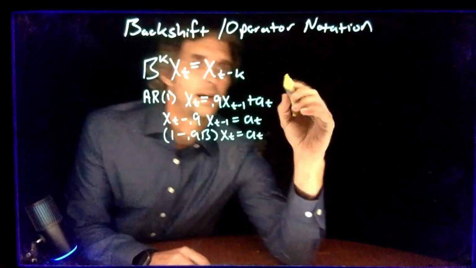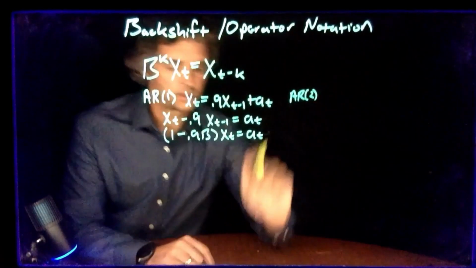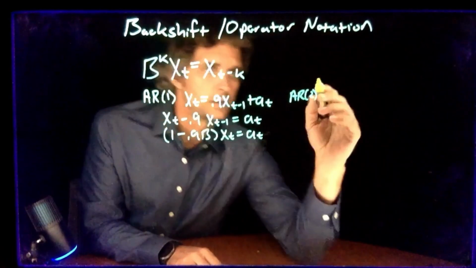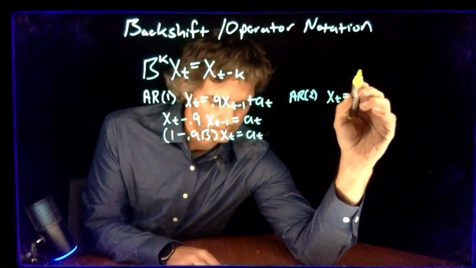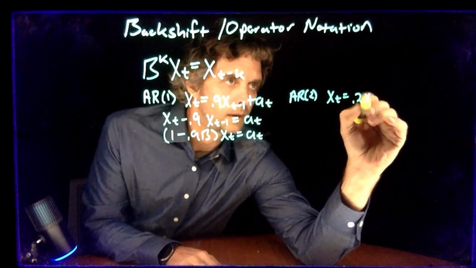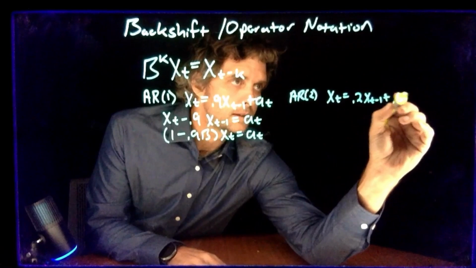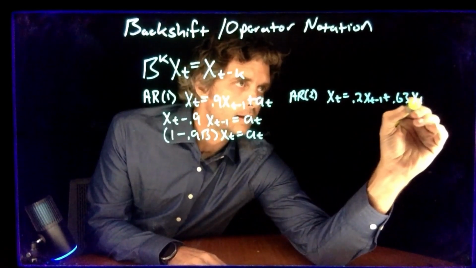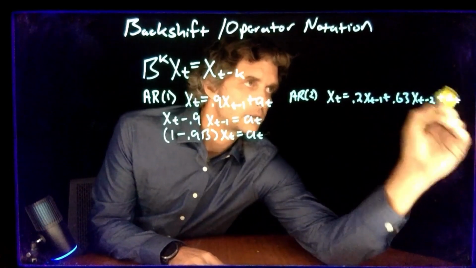So now let's look at an AR(2) for some more practice, putting this into backshift or operator notation. So let's say that I've got x_t equals 0.2 x_{t-1} plus 0.63 x_{t-2} plus our white noise term, a_t.